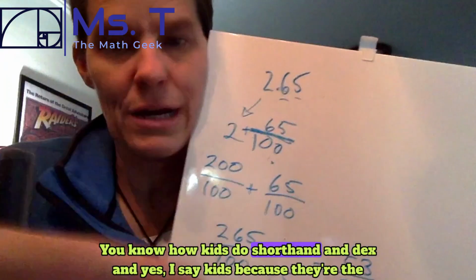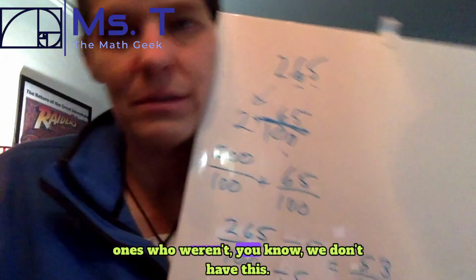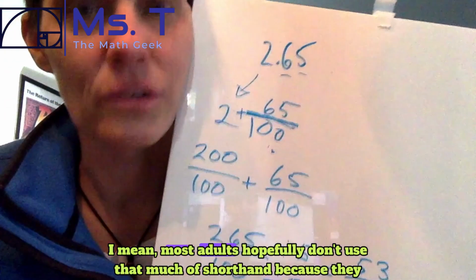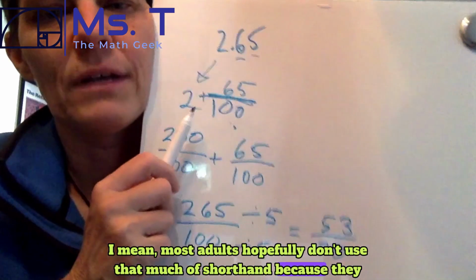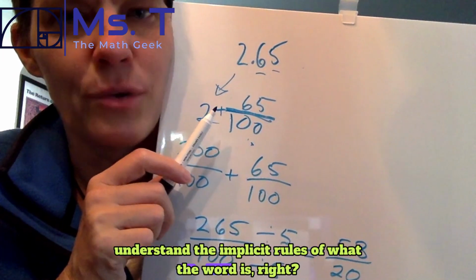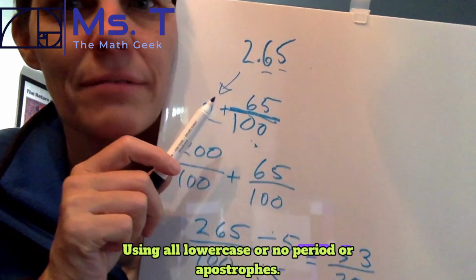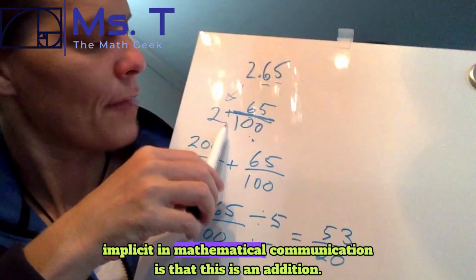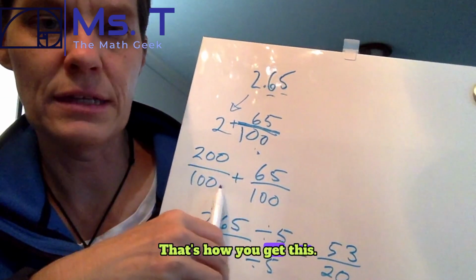You know how kids do shorthand in texts? And yes, I'd say kids because most adults hopefully don't use that much shorthand because they understand the implicit rules of what the word is, right? Using all lowercase or no period or apostrophes, right? Implicit in mathematical communication is that this is an addition. That's how you get this.